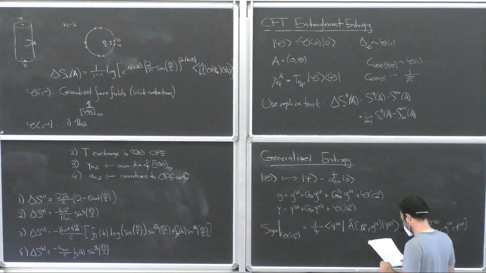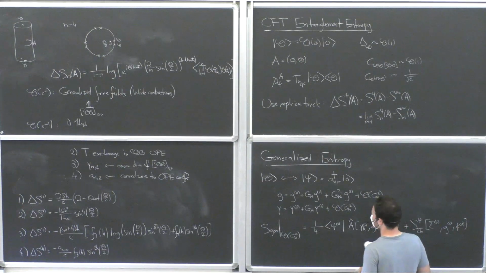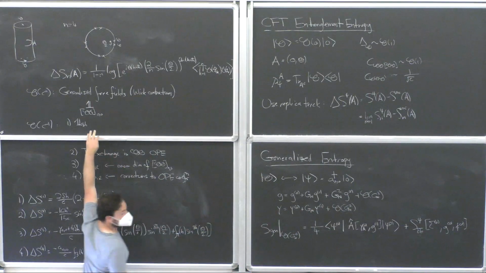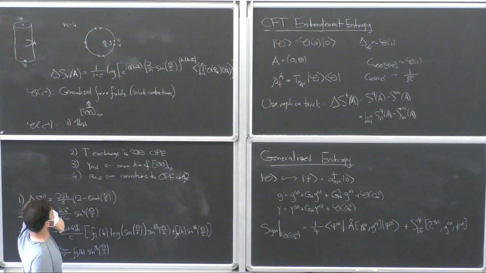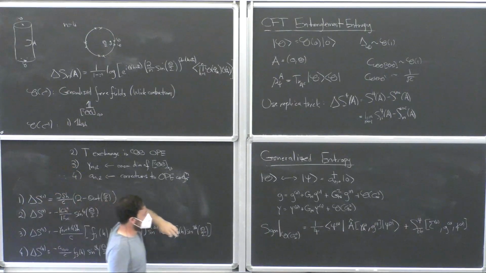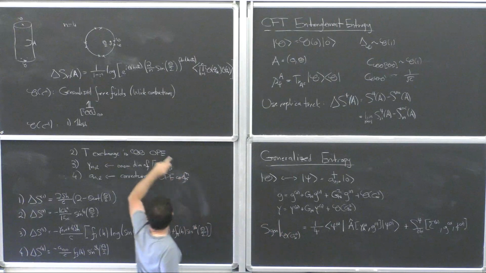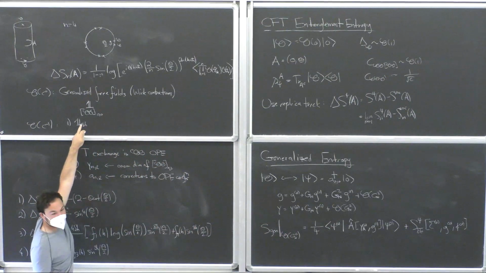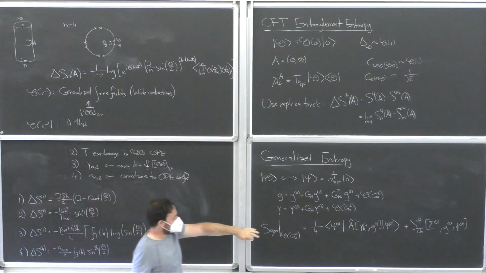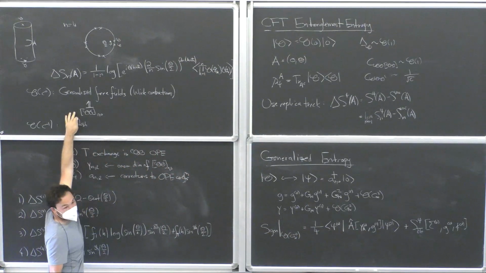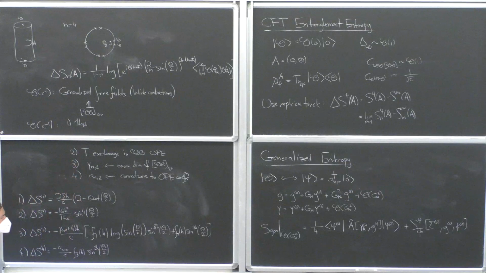And okay, I won't write down what you get, but it exactly matches this contribution in CFT. So you get an exact match, and you get this contribution that I wrote down at the beginning, which is that this area term exactly reproduces the identity contribution, and this bulk entanglement entropy term exactly reproduces this contribution from the double traces.